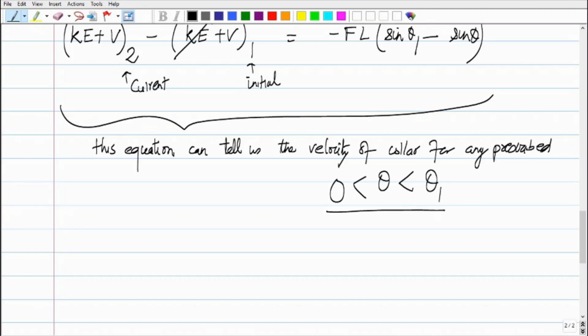Can we, for example, find out what will be the theta to which the collar will go down before coming to rest? So at what theta does the collar come to rest?